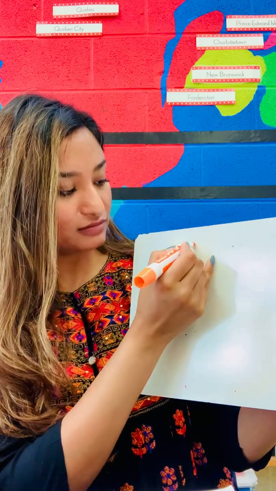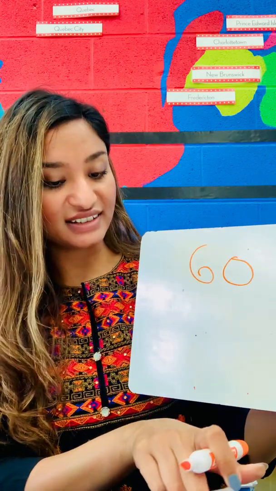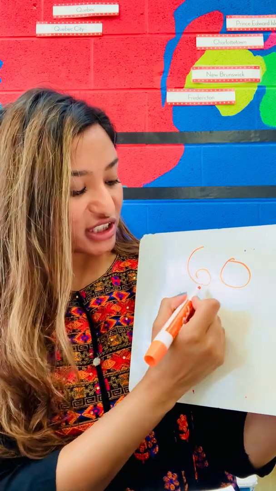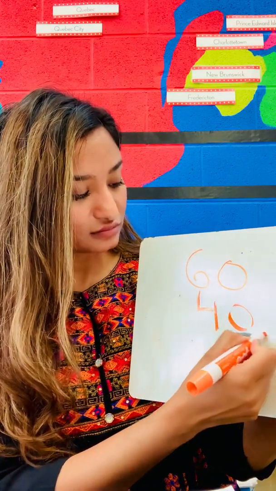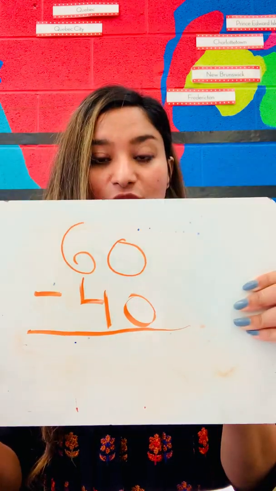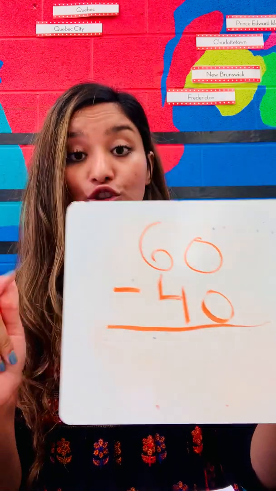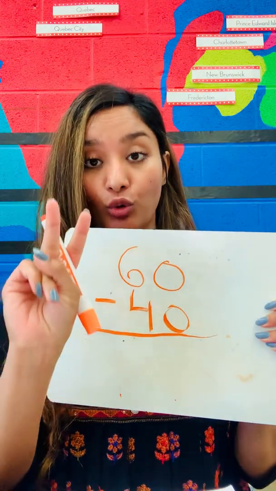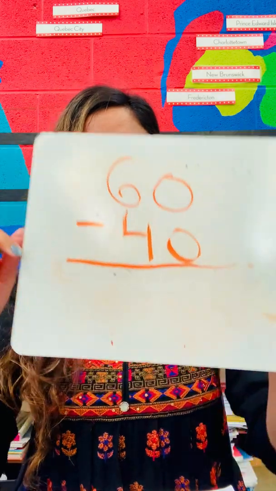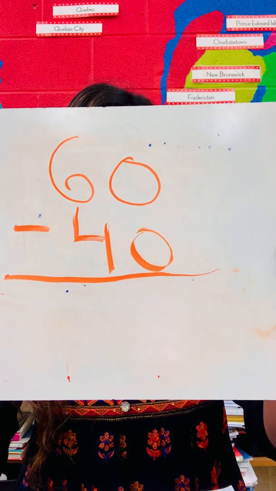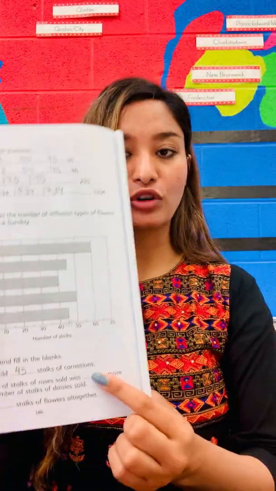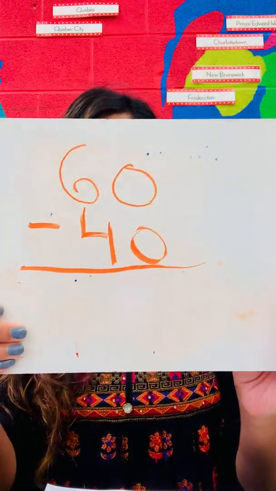Roses are at 60 and daisies are at 40. Once you're done subtracting, you will have the answer for question B. So subtract 60 and 40. Once you're done, you can go and check your answers.